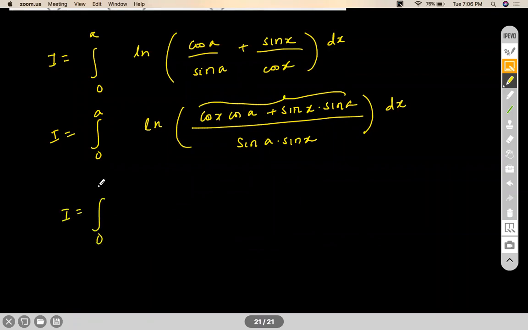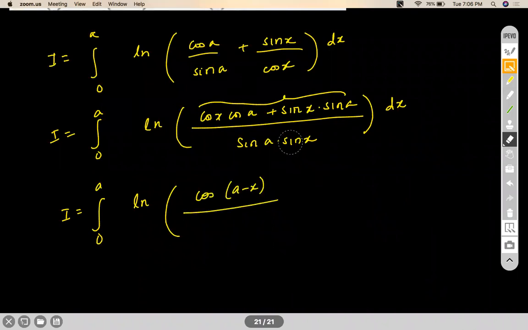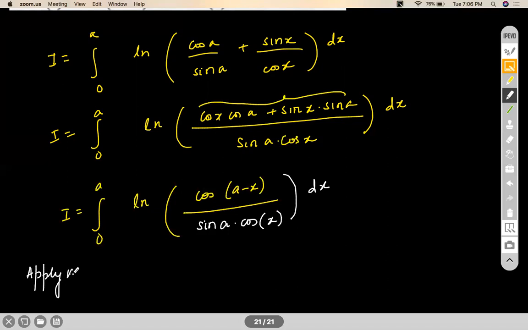So you can write this as 0 to a ln cos of a minus x, and denominator would be sin a cos of x. Let us apply King's property here. So I will become 0 to a ln cos x by sin a cos a minus x.